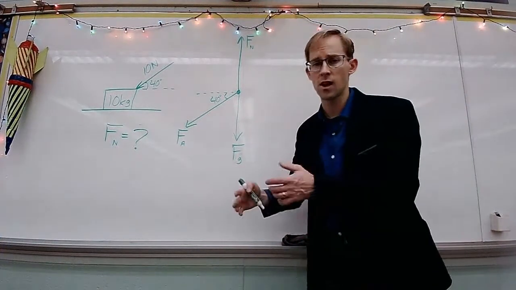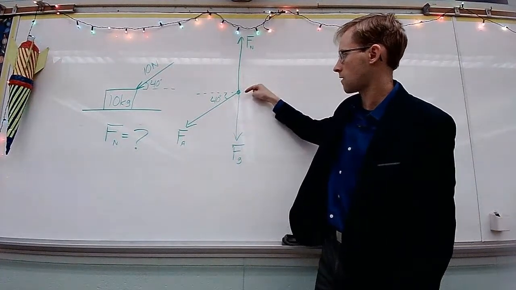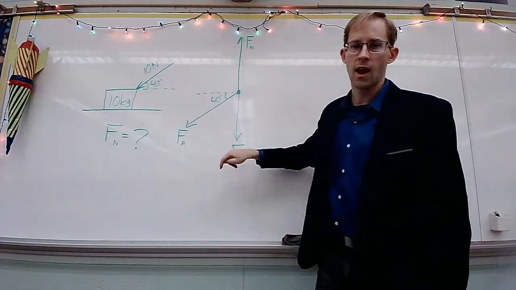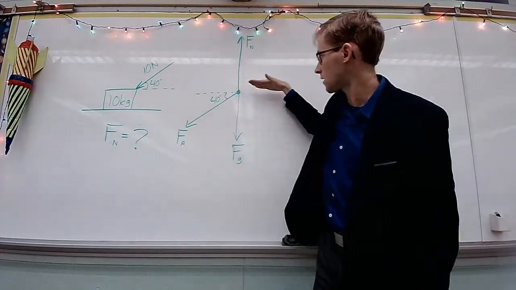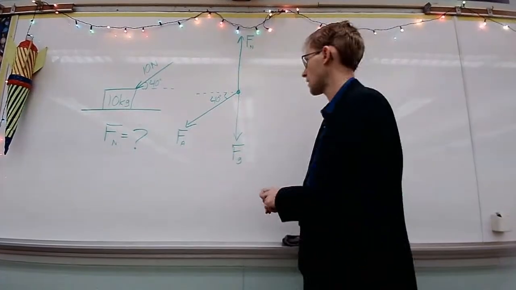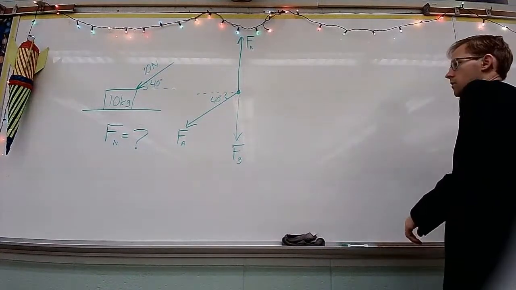But before I do that, I need to make sure that when you look at this applied force, it's acting both to the left and it's acting down. And you need to break that up into its horizontal and vertical components if you're going to go anywhere with this. So, we'll do that the same way we did in the last problem.